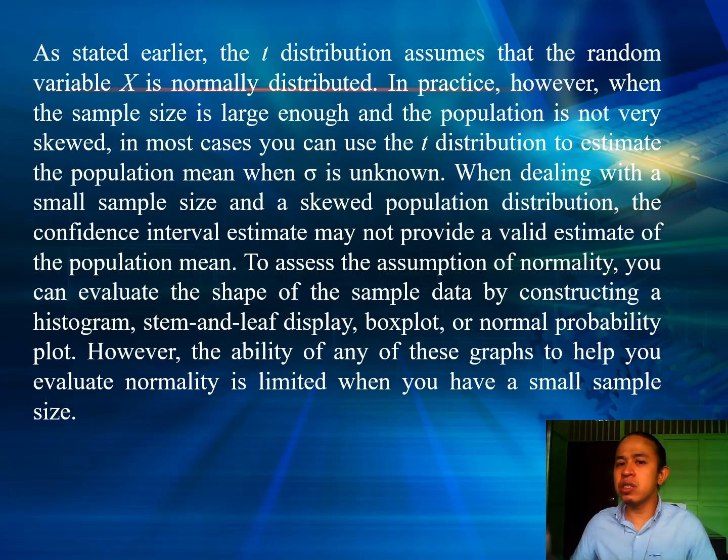So you can use the previous things that we discussed, especially the graphical representation, to evaluate if the distribution is normally distributed. We can use these techniques once our data is normally distributed, and you can test that using a histogram, stem and leaf display, and so on.